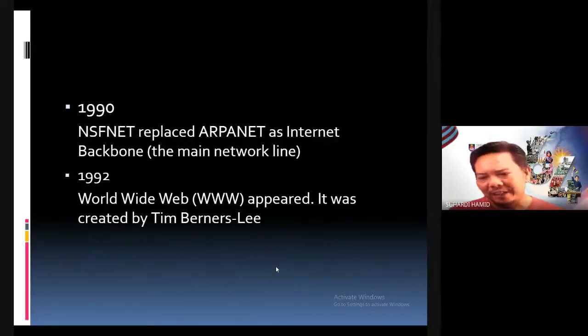So when NFSNet, the sharing part, took over the communication part, this is why hackers tend to be able to snoop through, because initially the computer network was created for sharing. When you want to share something, do you put restrictions? Obviously not, isn't it?